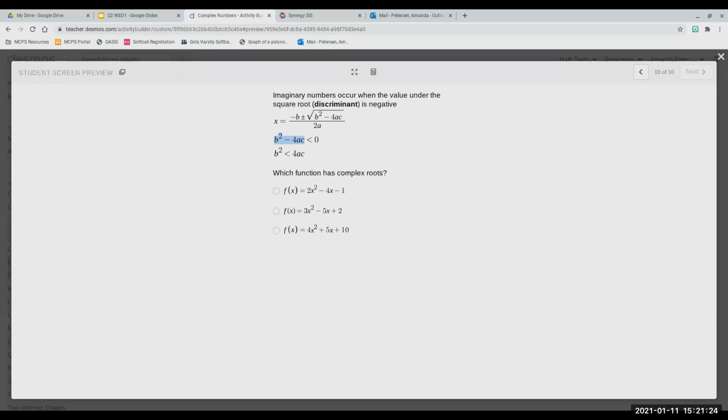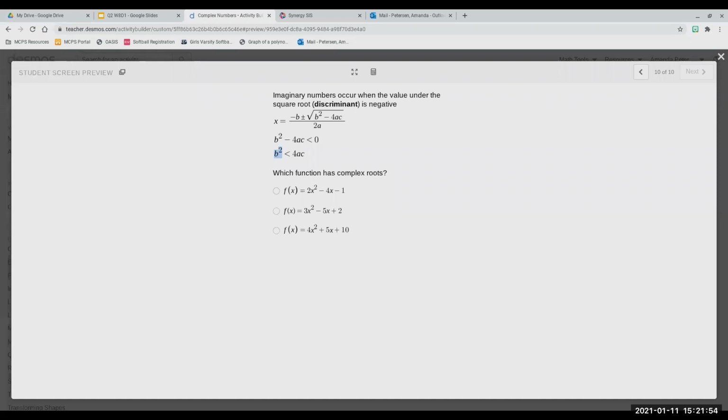So how can I look at functions like we have below and determine which one's going to give me an imaginary or non-real solution? Well, how do we know? Anytime b squared, so this term right here, is smaller or less than your 4ac value, you're going to end up with a negative underneath the square root.